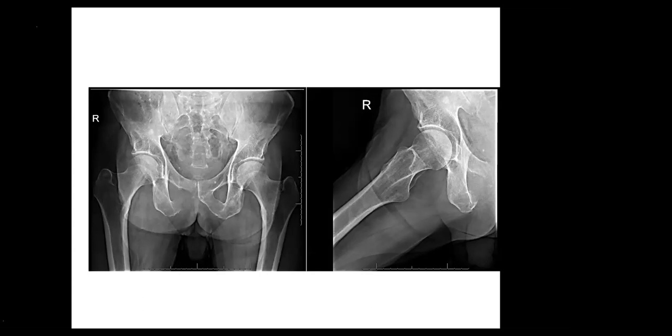There is a radiolucent lesion in the right inferior pubic ramus, poorly defined with a wide zone of transition. I can see an associated soft tissue swelling. No osteoid matrix or chondroid matrix.